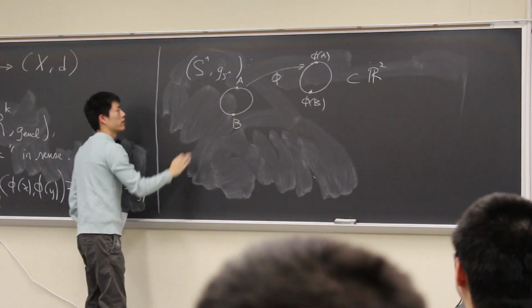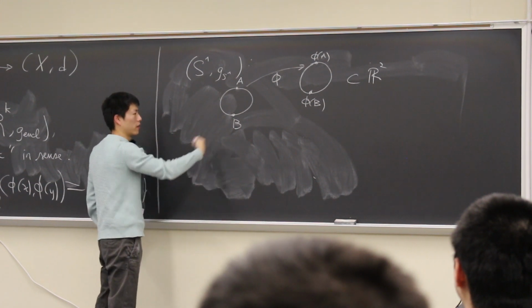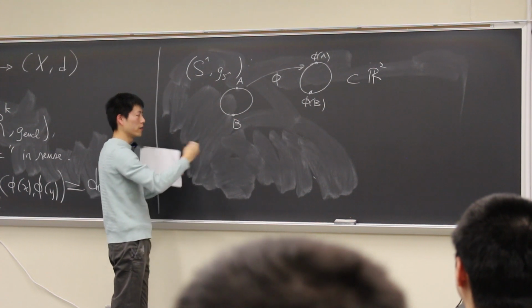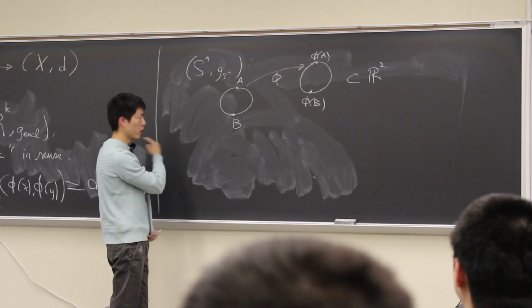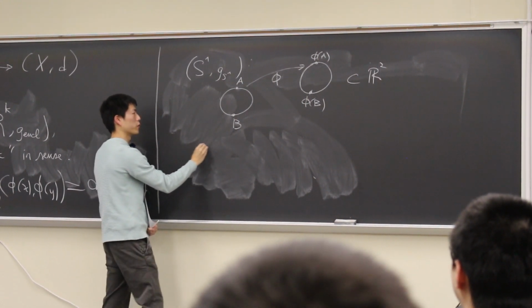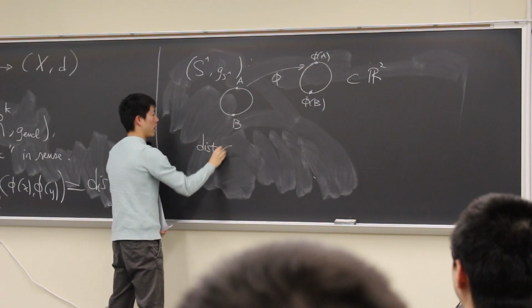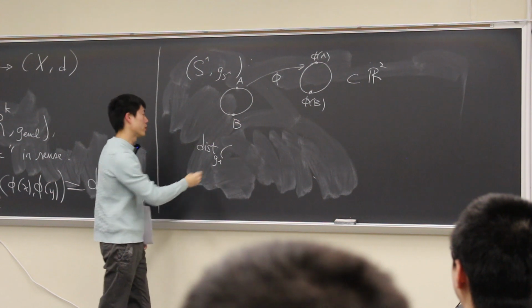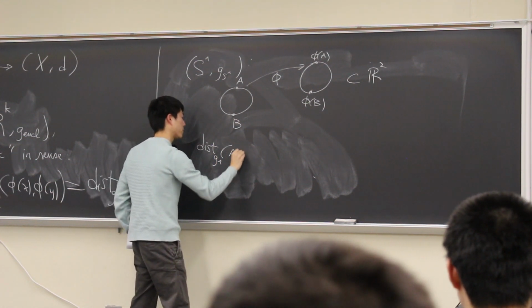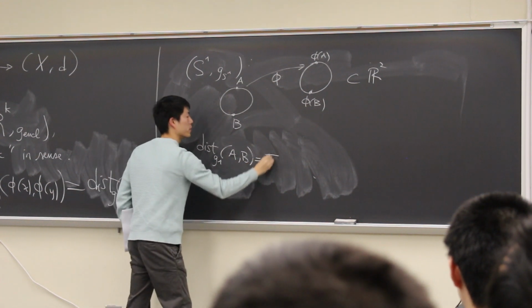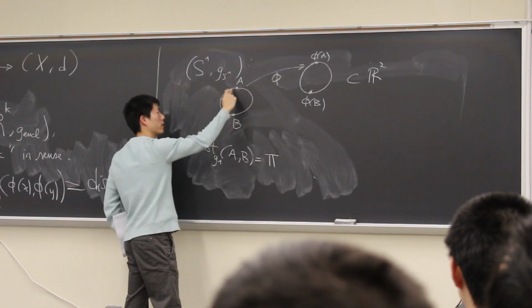And the claim is that this is not a global isometry. It's an isometry in the previous sense because infinitesimally the distances are not going to be changed, but globally the distances are going to be changed. If you look at everything inside the world of the circle, the distance between A and B is, say, pi, because you have to travel around the circle itself.